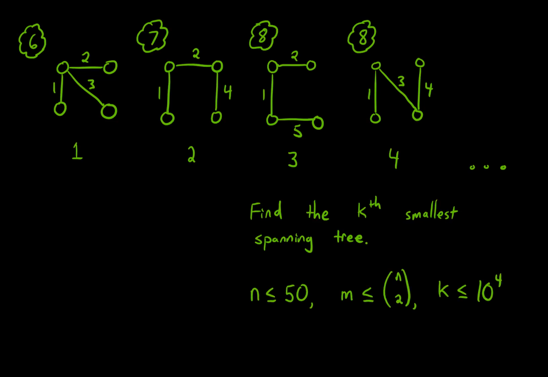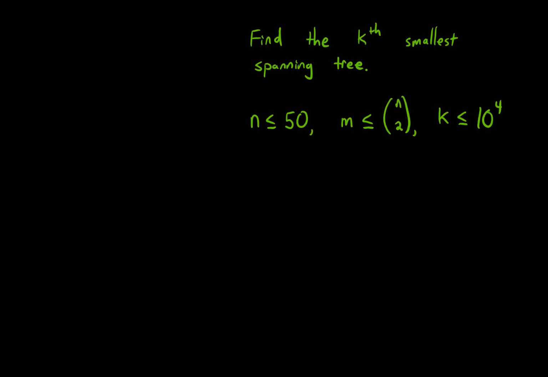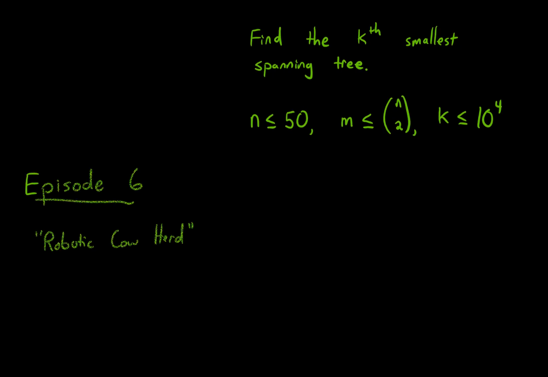There are a lot of ways you could end up going about solving a problem like this. If I look back at a previous episode, all the way back to episode 6, I have this robotic cow herd problem that was a Richard Peng problem, and one of the ways you could go about solving this is you could do a binary search, and then with a little bit of cleverness in how you enumerated the solutions on that binary search, you could find the kth solution.